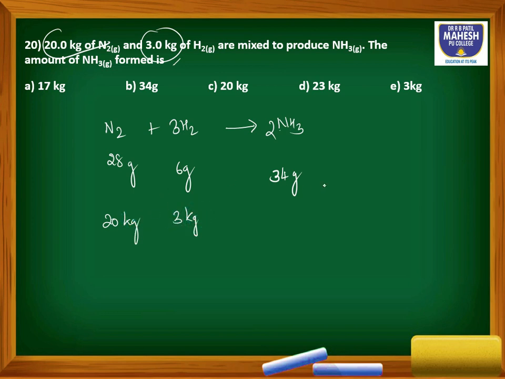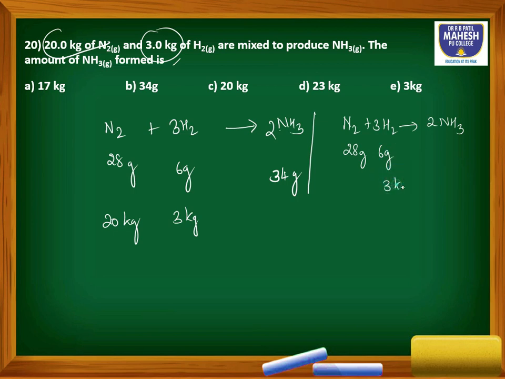To solve this, we should know which one is the limiting reagent. If you know, then only you can calculate. Because the limiting reagent is the one that is going to decide how much product is formed. 28 gram nitrogen, 6 gram of hydrogen.